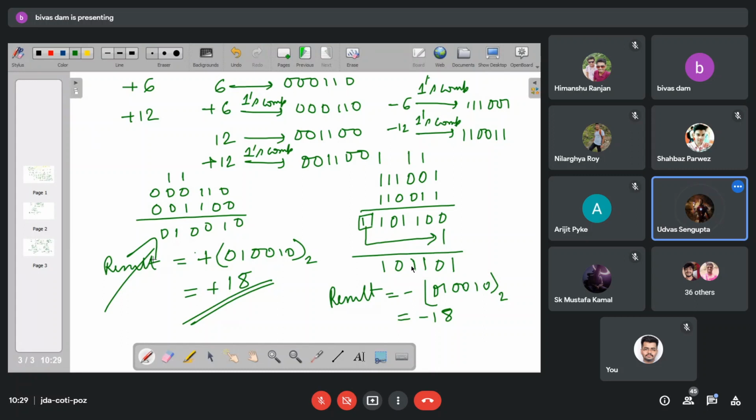Whenever there is any end-around carry, that has to be added to the least significant bit position. So I'm saying that the end-around carry is 1, and the rest of the bits are also 1.